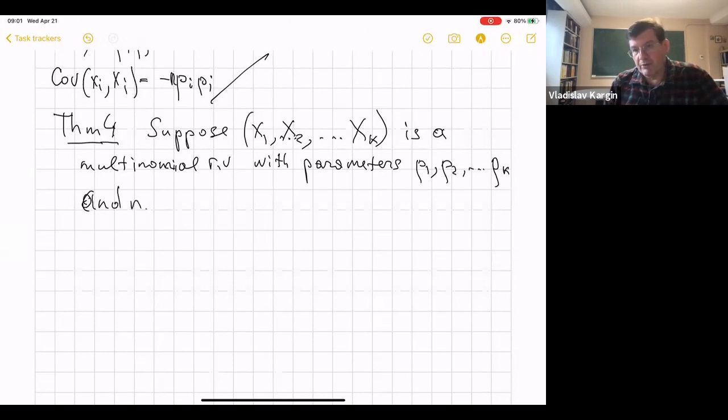So n is the number of trials, right? And p1, p2, ..., pk are the probabilities that the trial results in the outcome number 1, 2, or k.